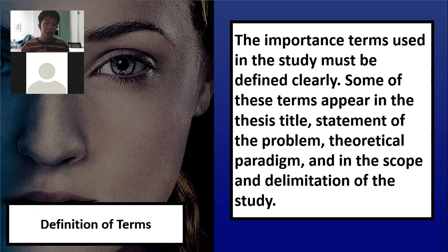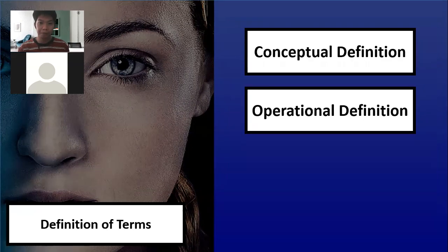So, the terms that are usually used in your study should be defined, especially the terms that can be seen in the title of your paper. And we have two ways in order to define the terms, conceptual and operational.